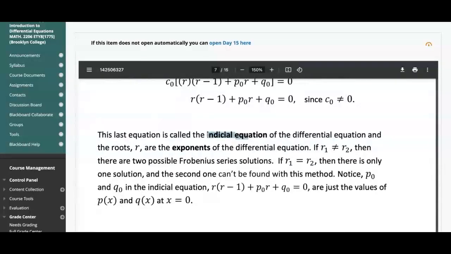Then we introduce something called the indicial equation. The indicial equation is this: r times r minus 1, plus p of 0 (evaluating 0 for p of x) times r, plus q of 0 (evaluating q at 0). So this is our indicial equation.